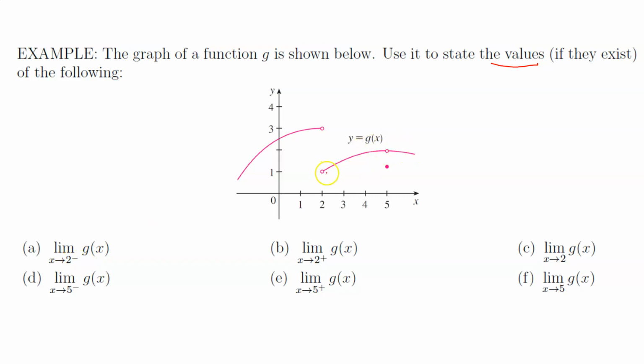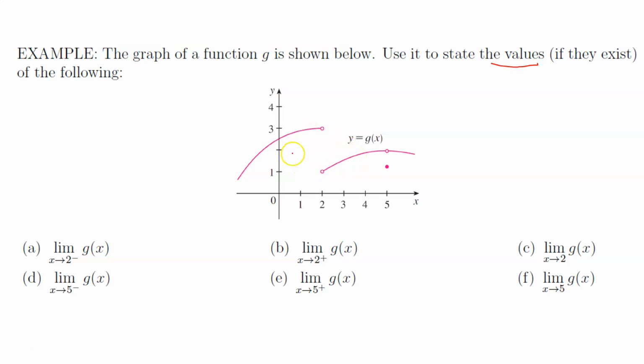Okay, this is curve g(x). You have these two disconnected parts of g(x). Dia terputus graph g(x) ni. So dia kata when x approaches 2 from the left, which one should you choose? This one or this one?